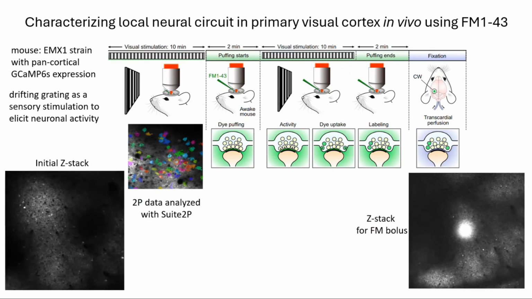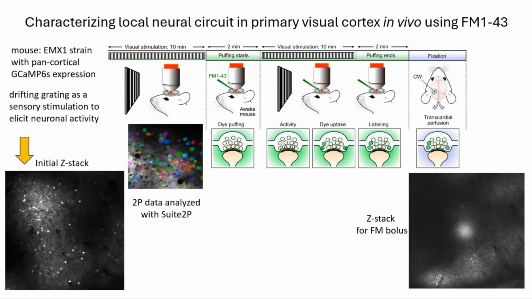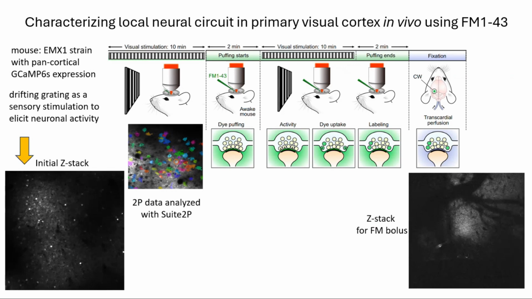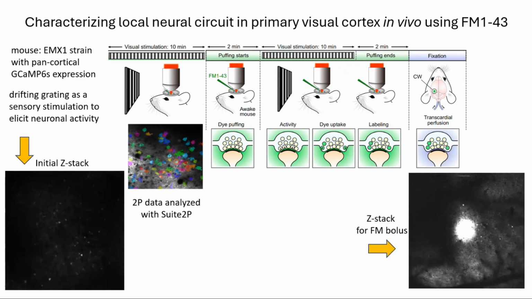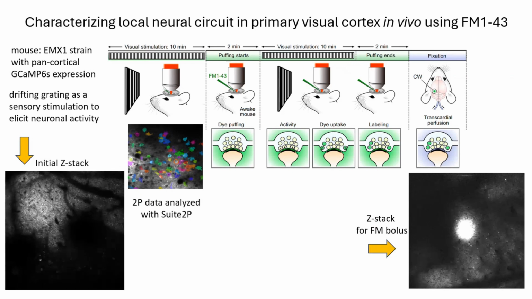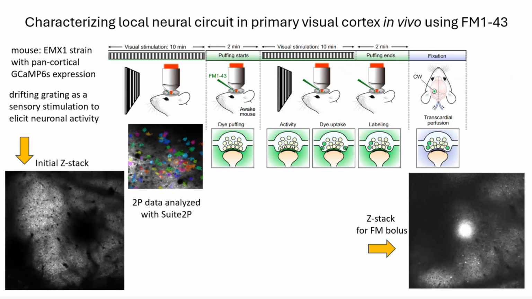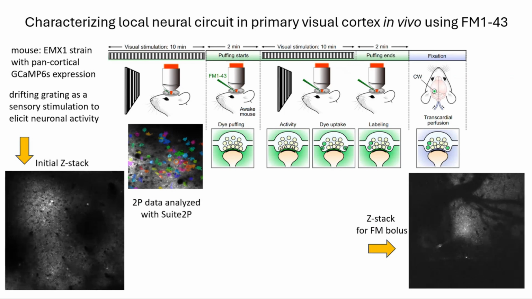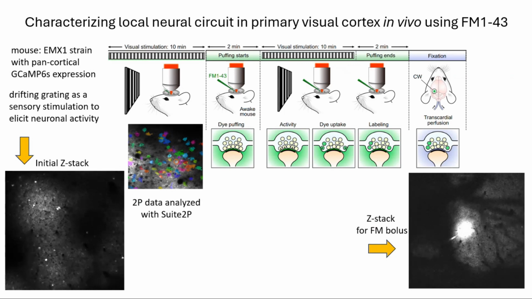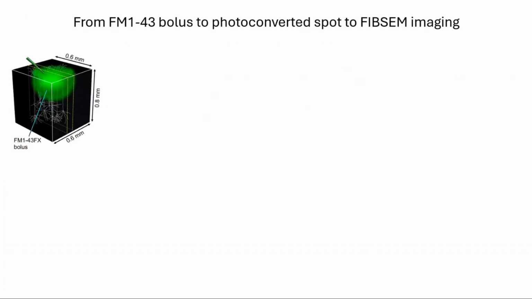The first is a high-resolution initial Z-stack at the beginning of the experiment to confirm the field of view under the cranial window, and the second is at the end of the experiment, a very crude Z-stack to confirm the place and the size of the dye bolus.